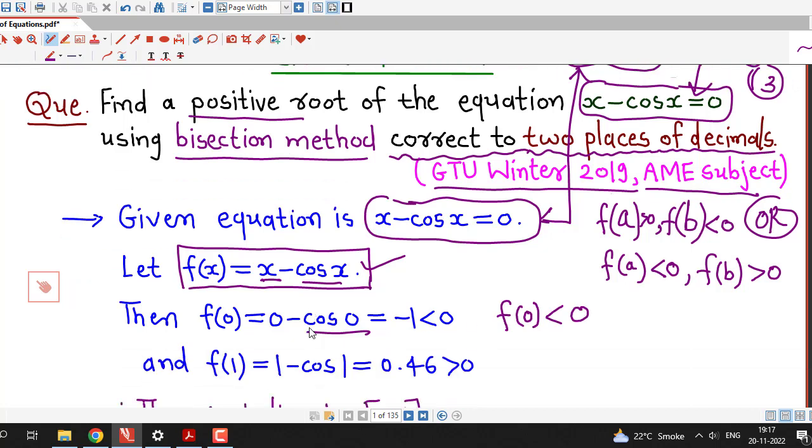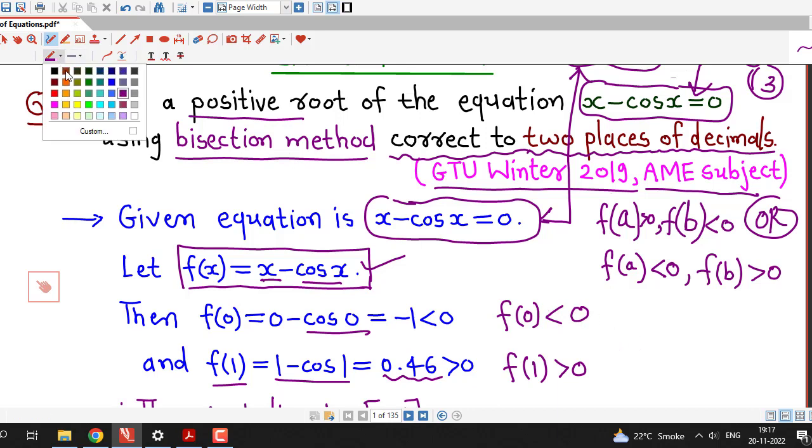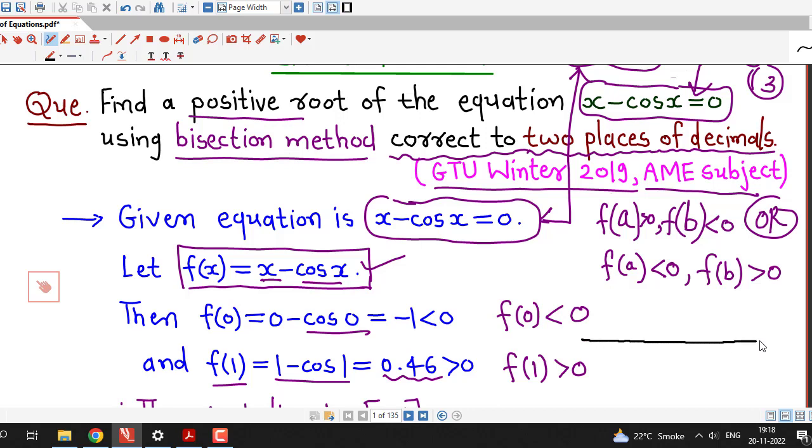Now I try x equal to 1. Then I have 1 minus cos 1, which turns out to be 0.46, and it is positive, so f(1) is positive. So we have obtained 2 points, 0 and 1, such that the function is of opposite sign. Therefore, by the intermediate value theorem, our root must lie between 0 and 1. This is the search interval for the root of this equation.